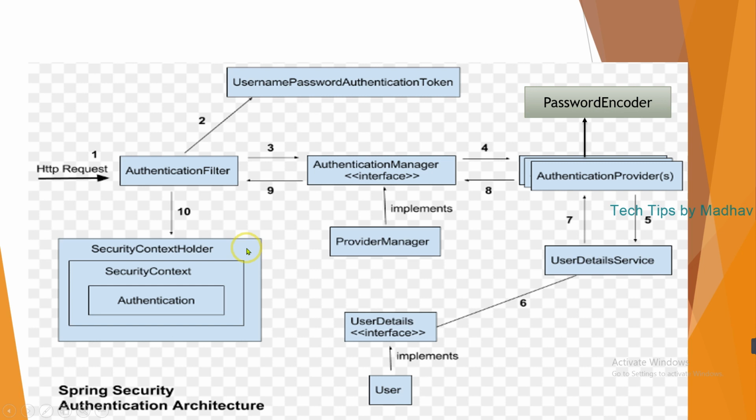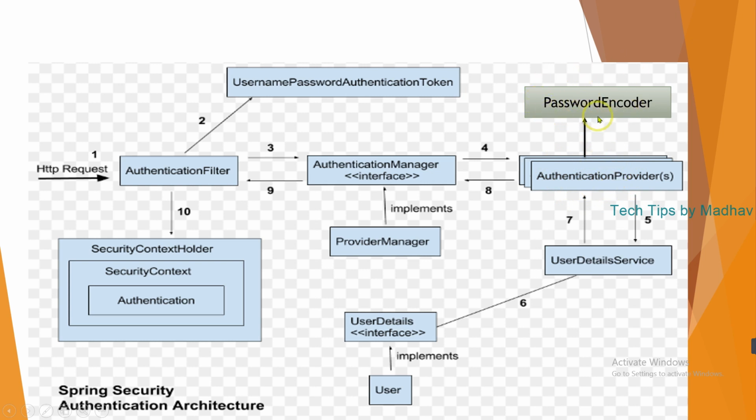Okay, let's see the flow diagram. In the flow diagram, there is an authentication provider, which has an association with the user details service and the password encoder. Basically, the comparison will be done by the authentication provider. While comparing or validating the password, it has a couple of choices based on the password encoder we configure.